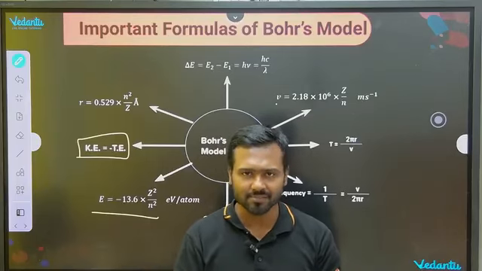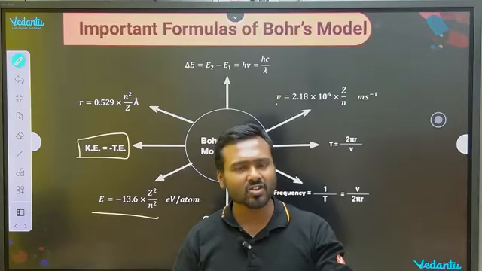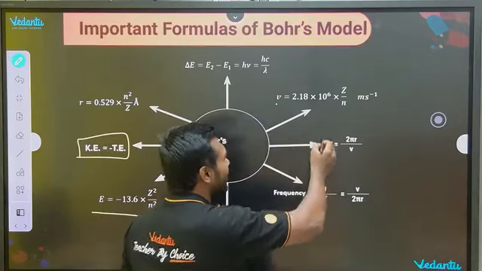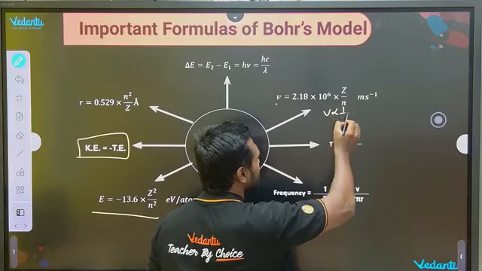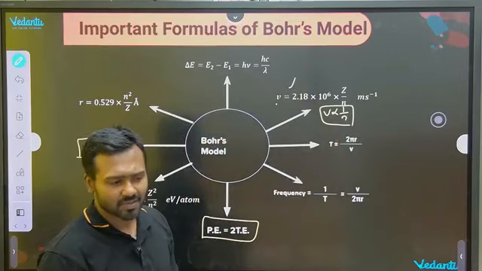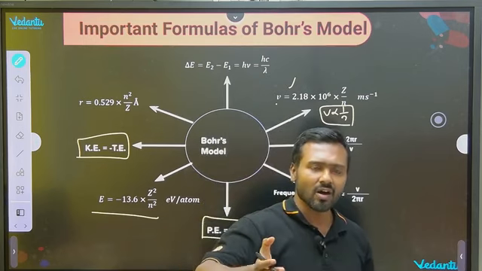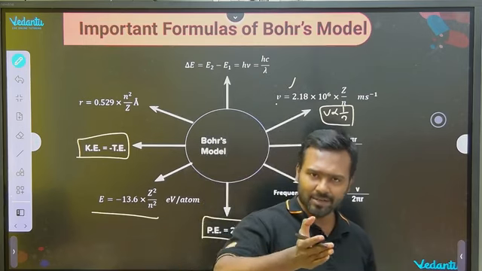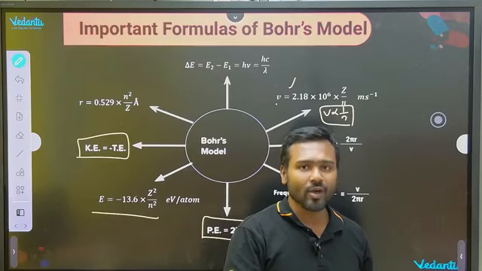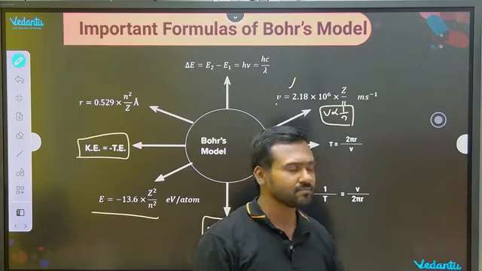According to Bohr's concept, as the orbit number increases, the velocity of the electron revolving in a particular orbit decreases, because from this equation the velocity is inversely proportional to the orbit number.